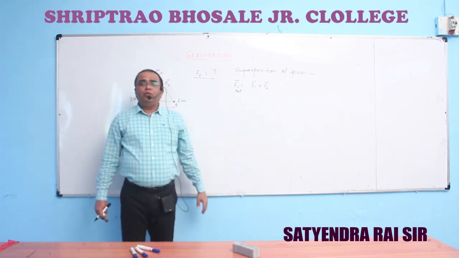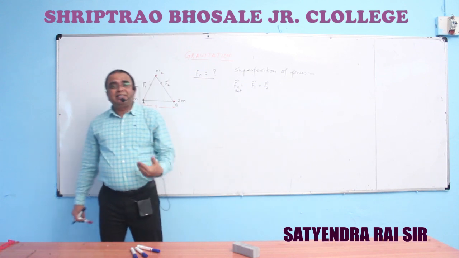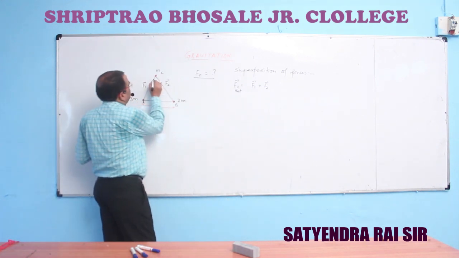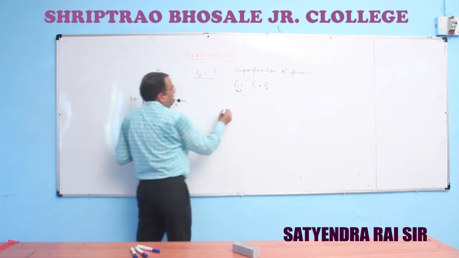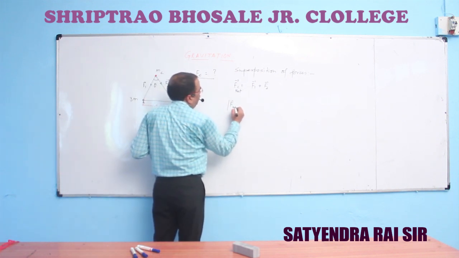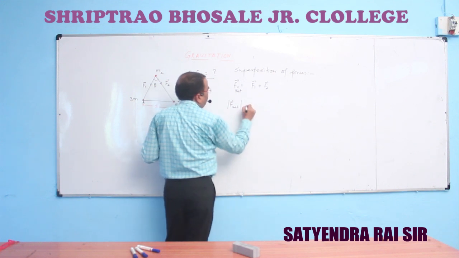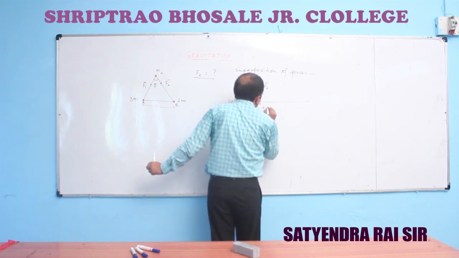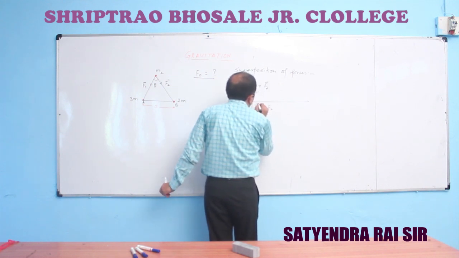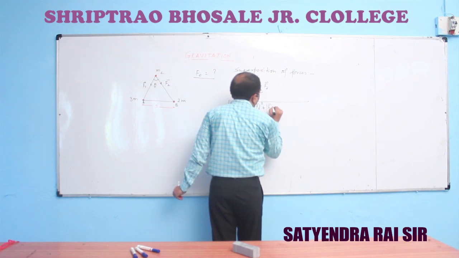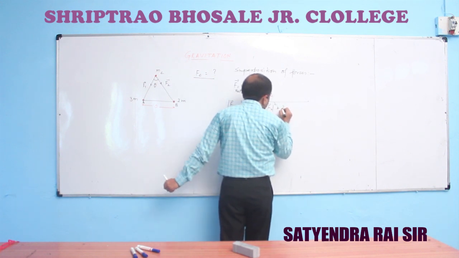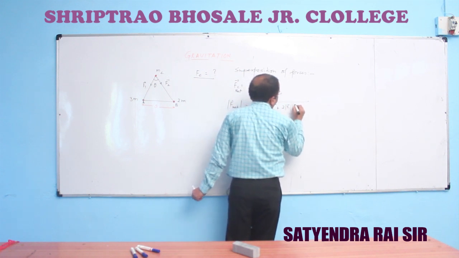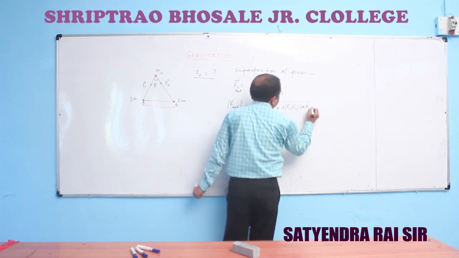So we have to go with the vector addition, and since we are adding these 2, say the angle between them is theta, then mod of F net will be the square root of mod F1 square plus mod F2 square plus twice mod F1 into mod F2 into cos theta.